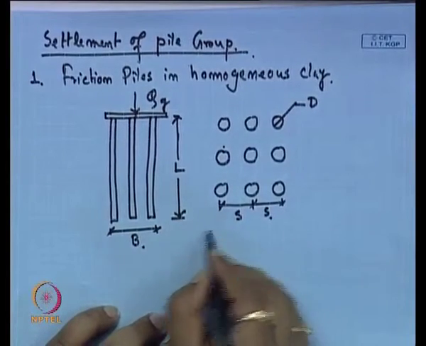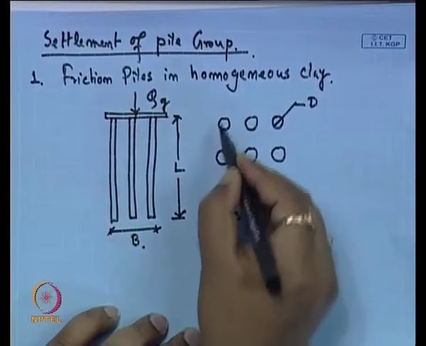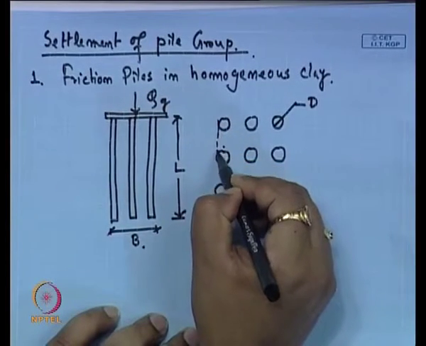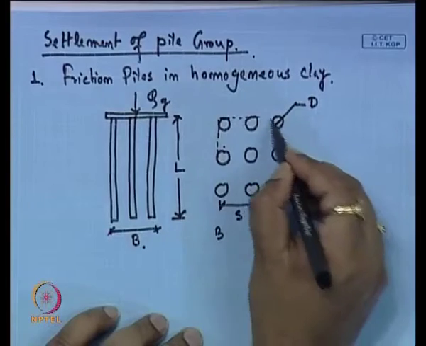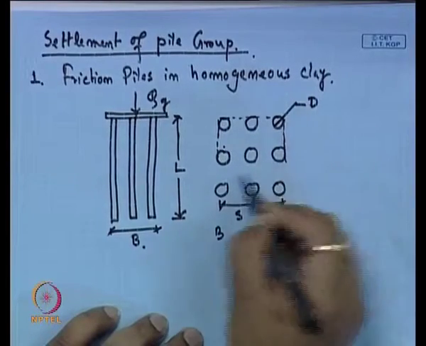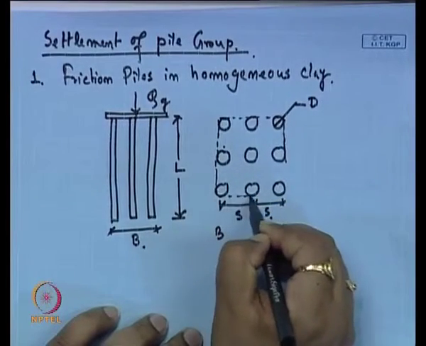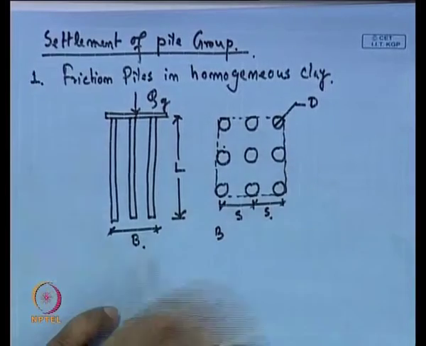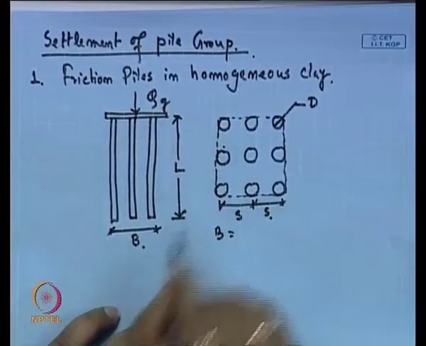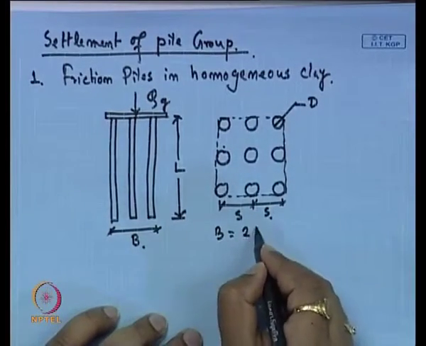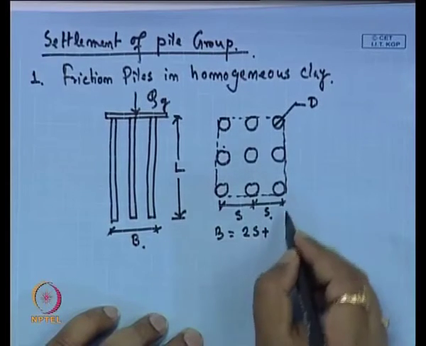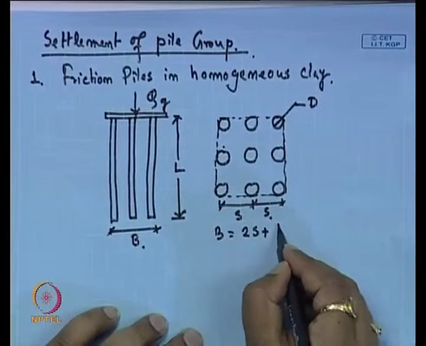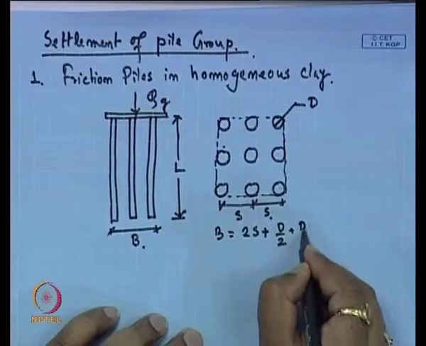So, the B value, if I take the total block, for this particular case will be twice S plus d by 2 plus d by 2.